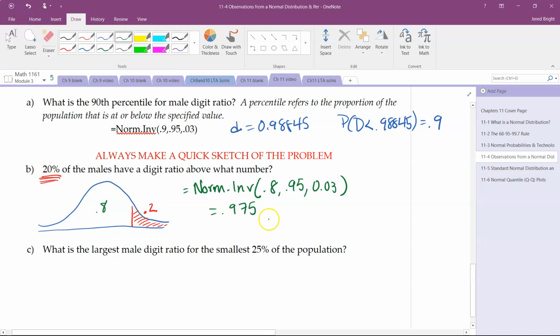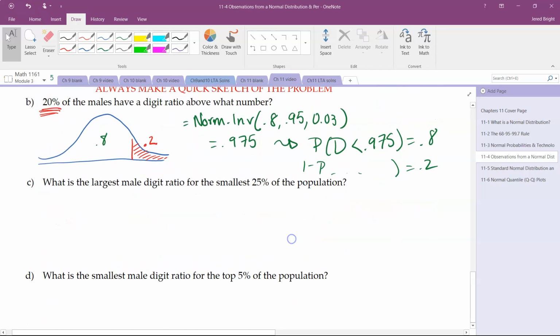And again, as a probability statement, I could write this as the probability that the male digit ratio is less than 0.975 is 80%. Or equivalently, you could do 1 minus that probability, which is 0.2. Either one works.